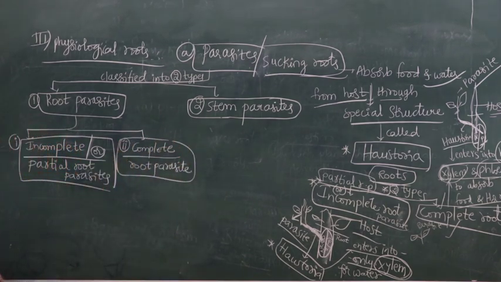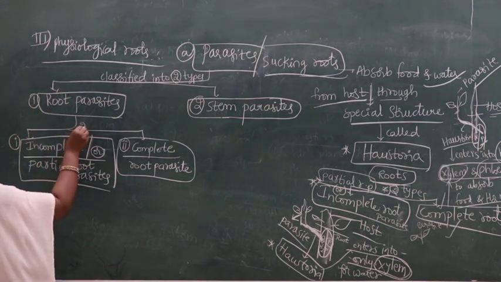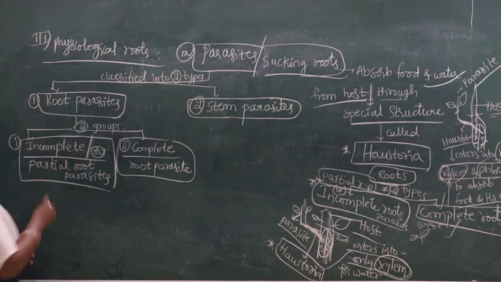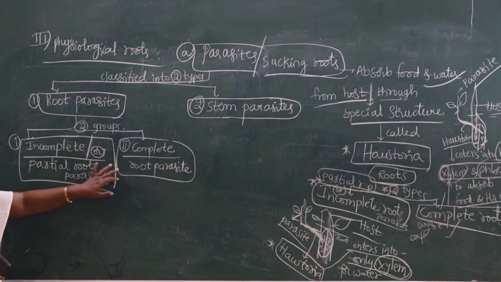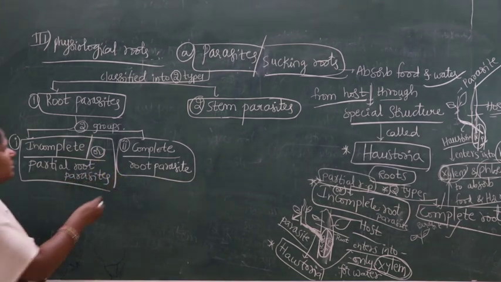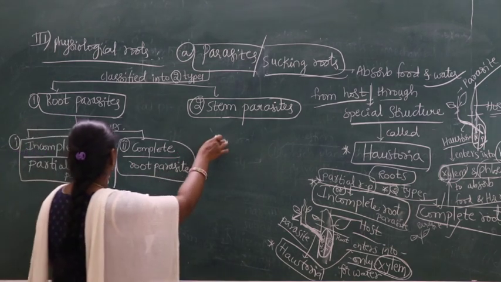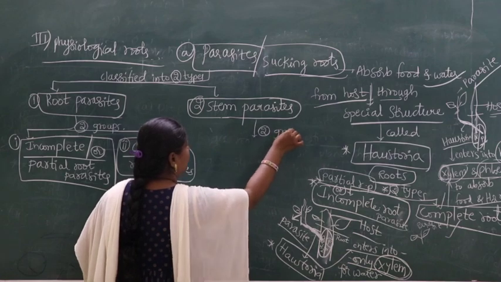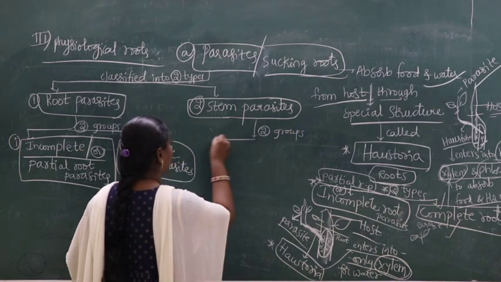Similarly, stem parasites are also divided into two groups. What are they?